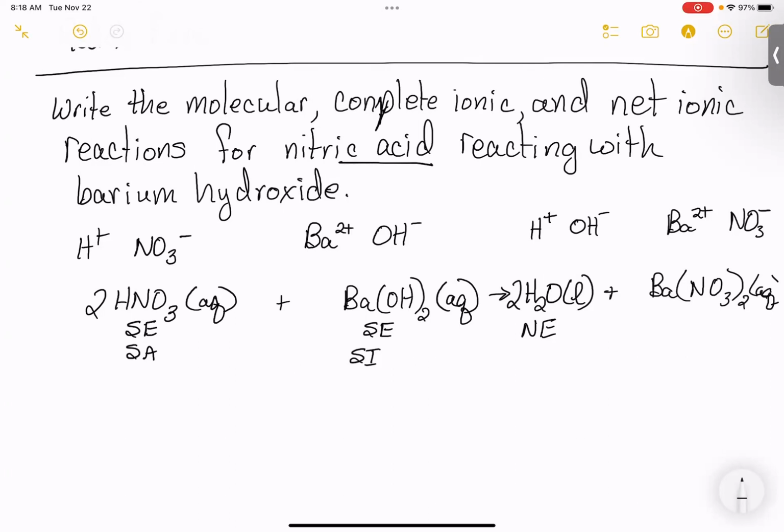And then barium nitrate, what is it? Strong electrolyte. Why? It dissociates into ions. That's what a strong electrolyte is. But why do we classify it as a strong electrolyte?